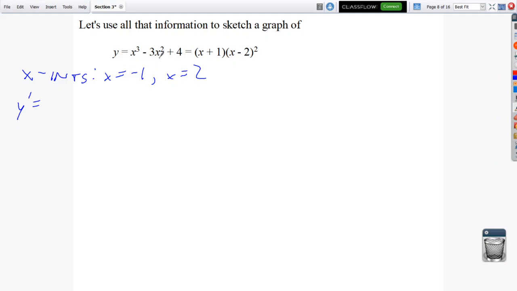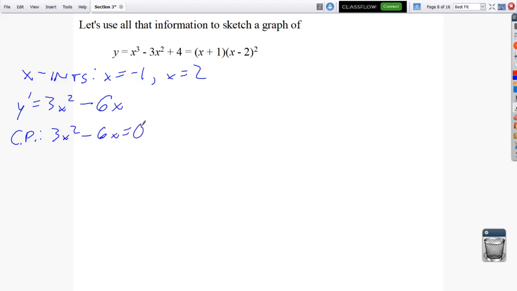So I go back up to y, I take the derivative, not too difficult to find: 3x squared minus 6x, and 4 differentiates out. So now I want to find critical points, so that I can find my maxima and my minimum. Critical points are going to be where the numerator equals 0 or the denominator equals 0.